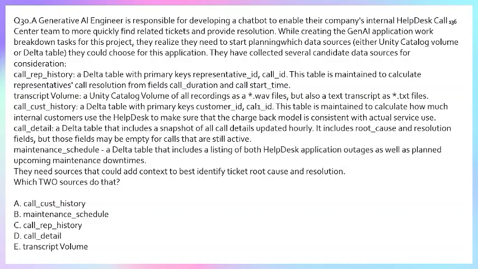Call cost history: internal customers use the help desk, to make sure that the charge-back model is consistent with actual service use. Call detail, a data table, includes the snapshot of all the call details, updated hourly.